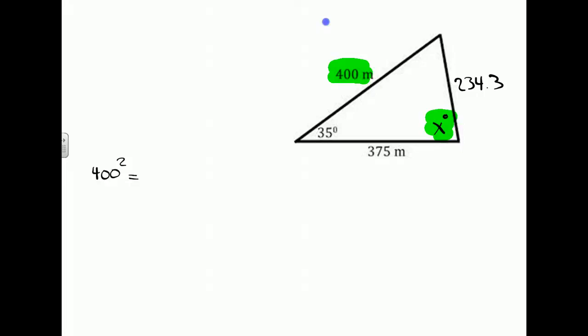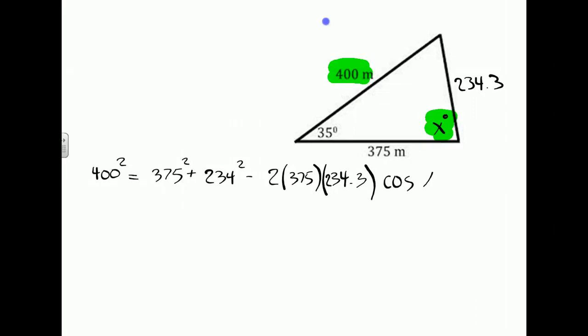So 400 squared equals 375 squared plus 234 squared minus 2 times those values, it's actually 0.3 times the cosine of x.